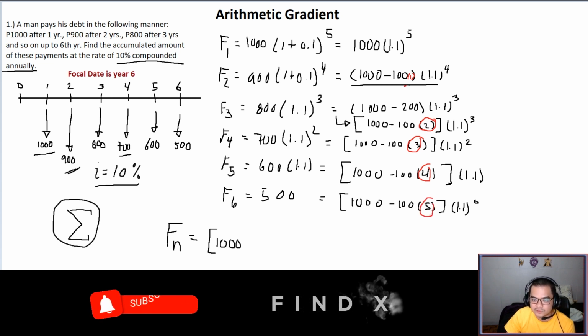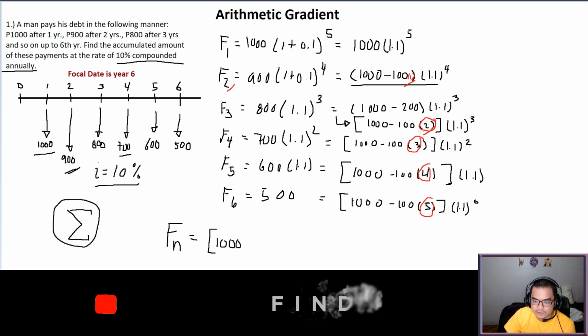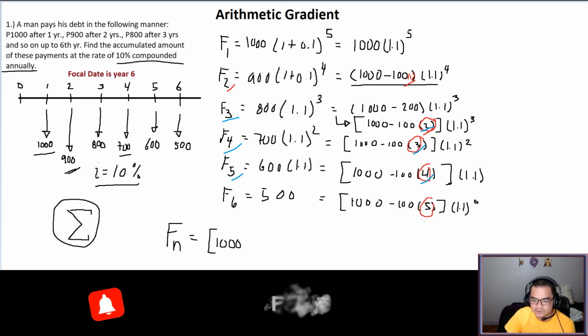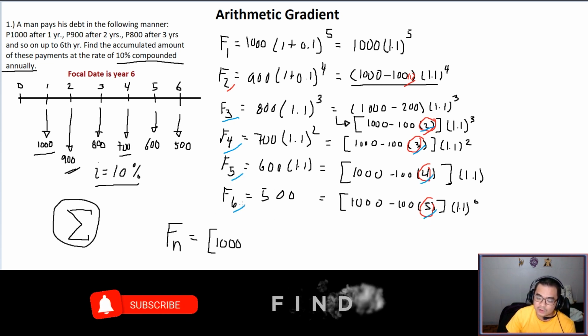As you can see, if this is 1, this is 2. If this is 2, this is 3. If this is 3, this is 4. If this is 4, this is 5. And finally, if this is 5, this will be 6. So the pattern is just minus 1.